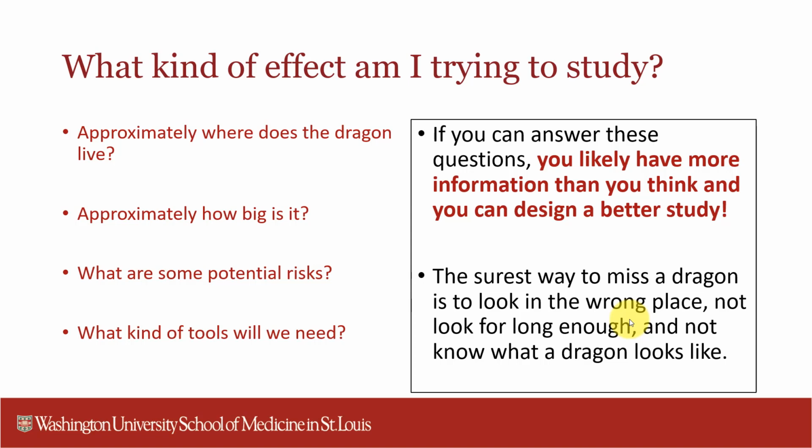And again, to extend my metaphor, if you'll indulge me for a minute, the surest way to miss a dragon, right, is to look in the wrong place, not look for long enough, and just not know what a dragon looks like. So you need to make sure that you have some information about dragons if you want to go out and study dragons. And if you truly don't know anything about dragons, you probably shouldn't be studying one yet.